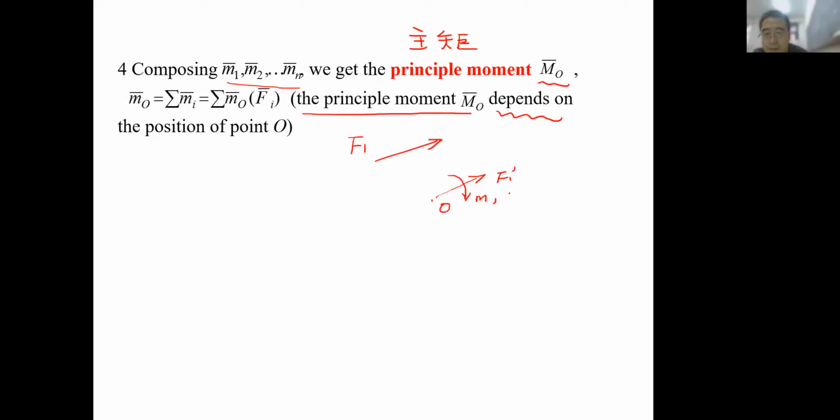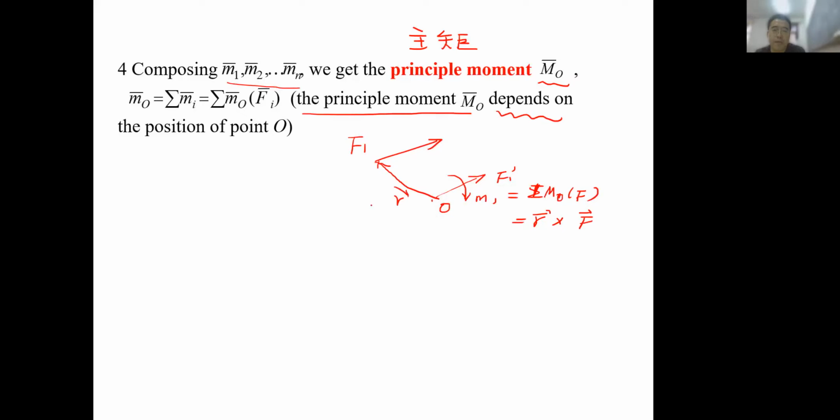And this M1 equals MO of F, which equals R vector cross product F, right? This R vector just needs to link the action point of F1 and the point O we select.